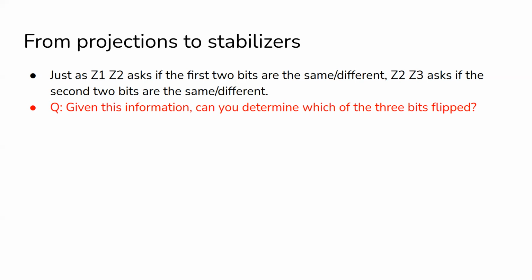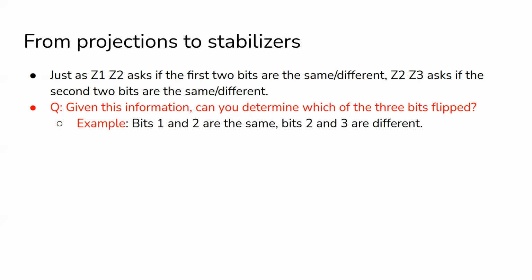And so my question to you is, if you're given this information, whether Z1 Z2 was +1 or -1, and then whether Z2 Z3 was +1 or -1, so two bits of information, can you determine which of the 3 bits flipped? Let's be very concrete and give an example.